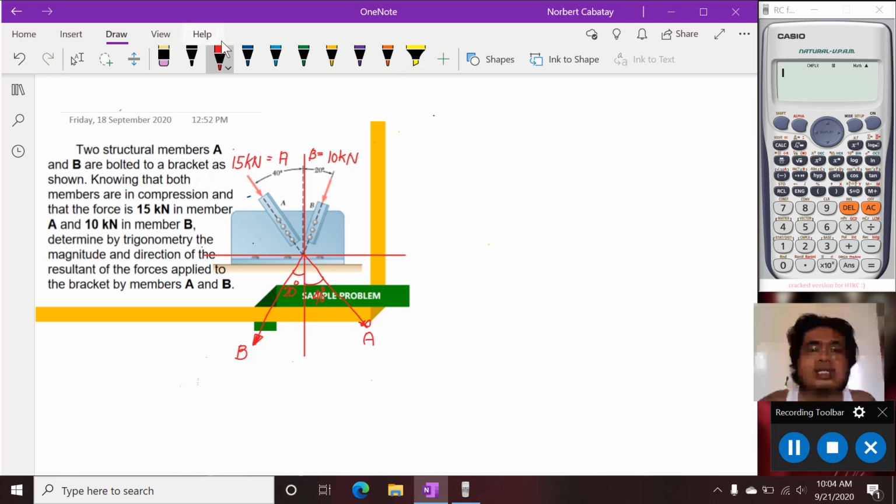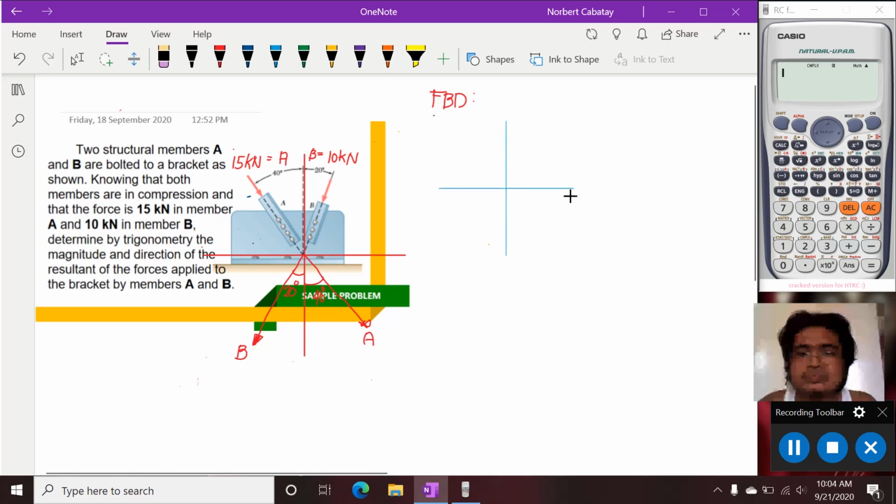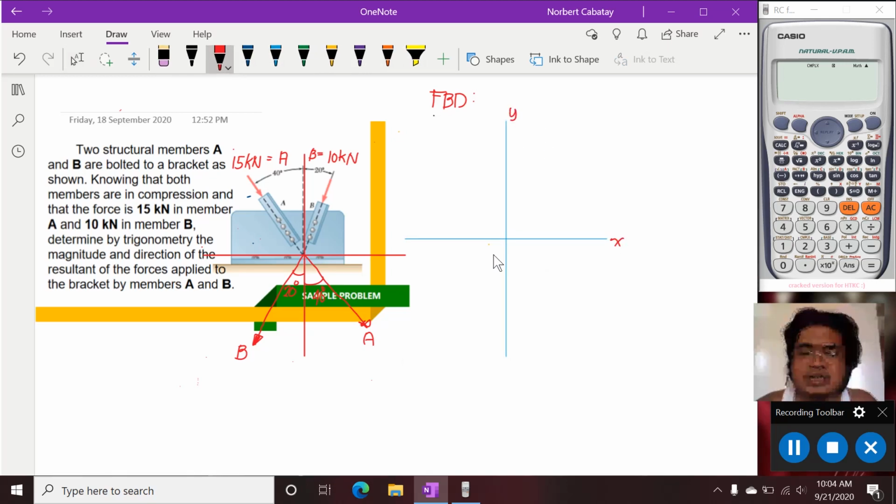For a clearer view, let me create an FBD. This will be our y-axis and this will be our x-axis. Here is force A, and this is the 40 degrees.